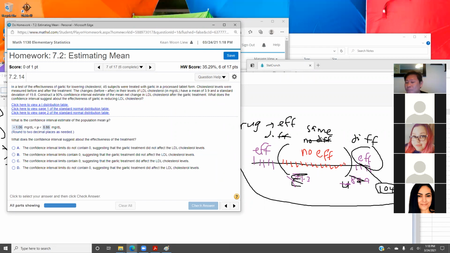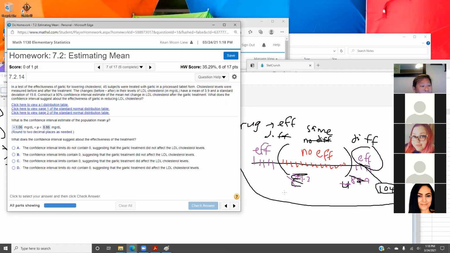You know what I'm saying? So when you take a drug, you can have no effects, you can show positive effects, and you can also show negative effects. So like more cholesterol in this case? Yes, in this case, it'll be no good. So in another case, that's people show up actually if you take garlic. In this case, the negative shows they have more cholesterol.